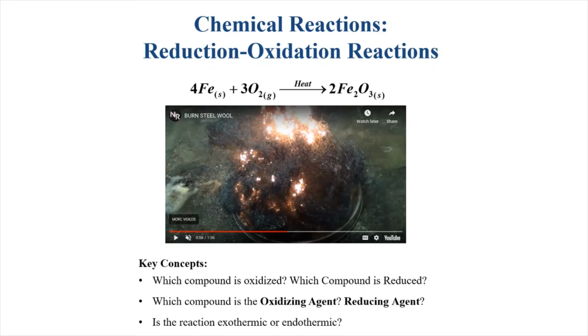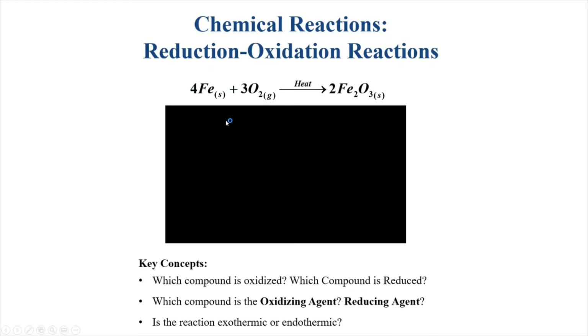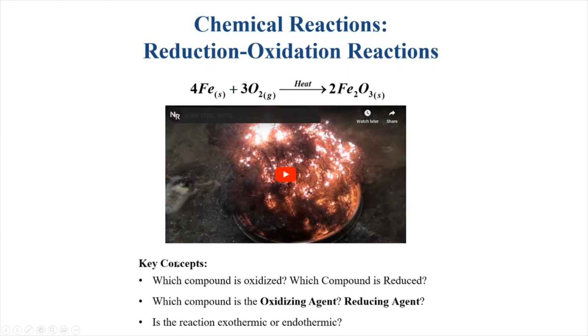So the compound that is oxidized is therefore the reducing agent. It has caused the other thing to be reduced. Whereas the reactant that's been reduced has caused the other thing to be oxidized. So that is the oxidizing agent. We're going to start to dissect this in a few seconds for this reaction of iron oxide.